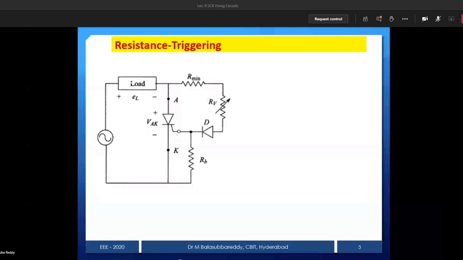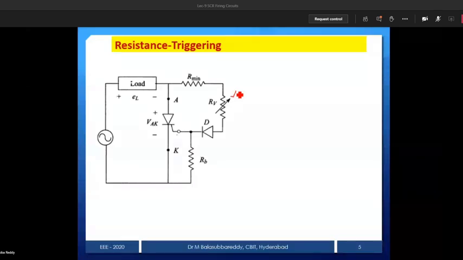How much time it takes to reach Ig minimum is decided by your control, and your control is a resistor. If I add more resistance, the variable resistor, in this case RV, then by means of this resistor I pass the gate current Ig minimum in less time or more time. That is the logic throughout.